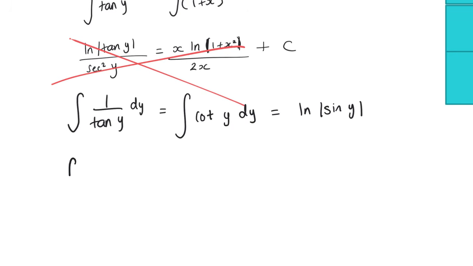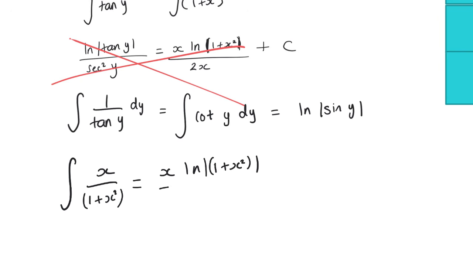Okay. So, the integral of x over 1 plus x squared equals x ln of 1 plus x squared over 2x. No. It's just. Yeah, exactly. So I was right.